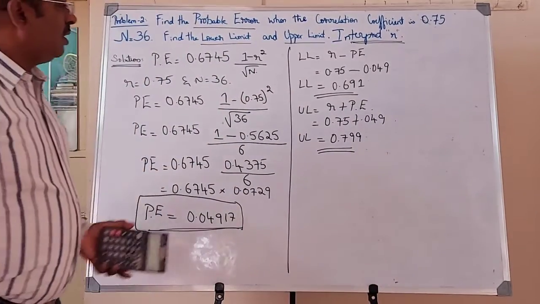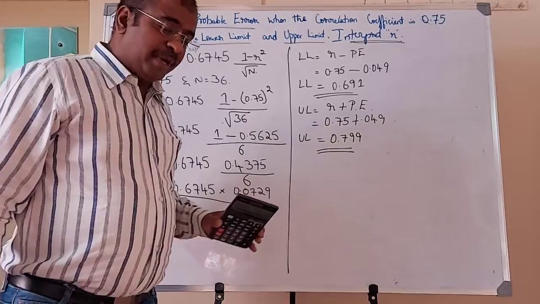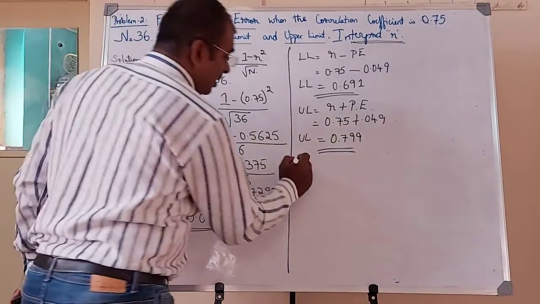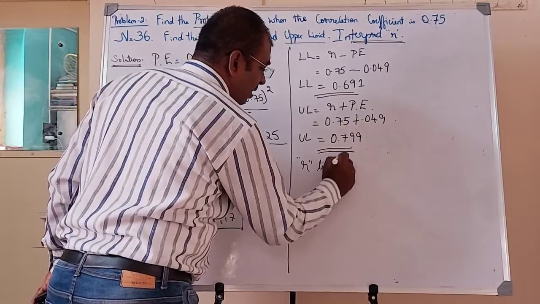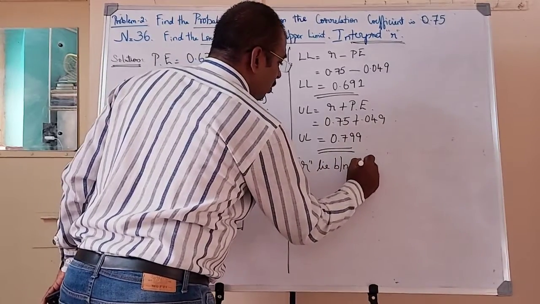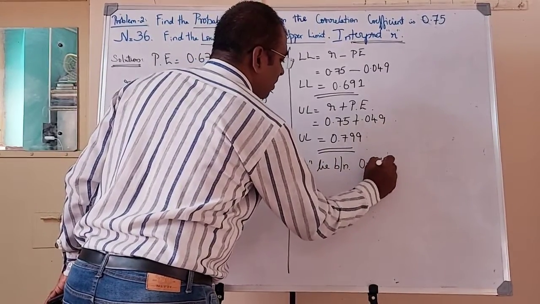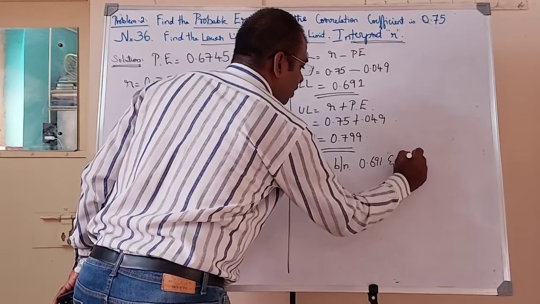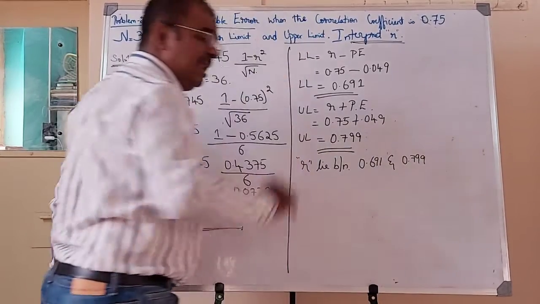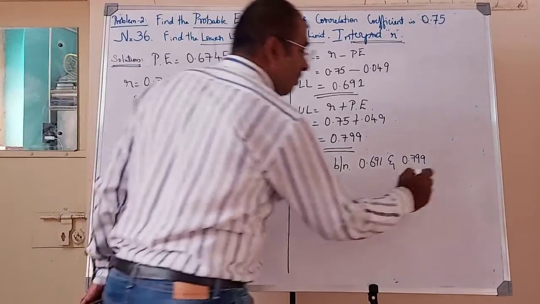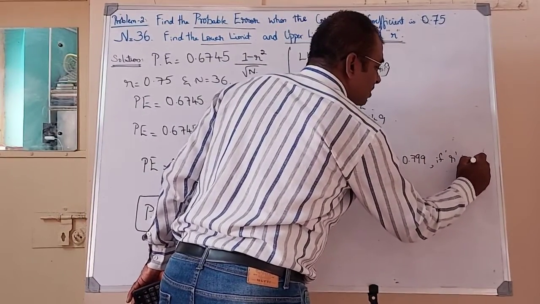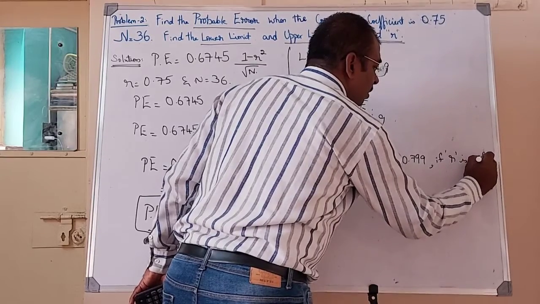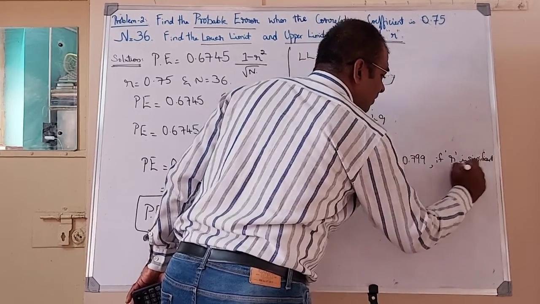So once we have found out the lower limit and the upper limit, we can say that the value of R would lie between 0.691 and 0.799, the condition is if R is significant.